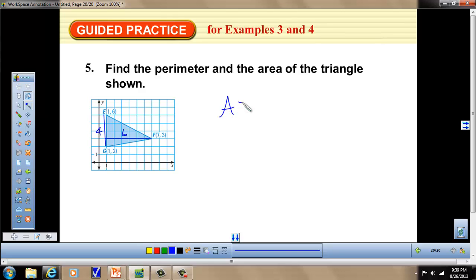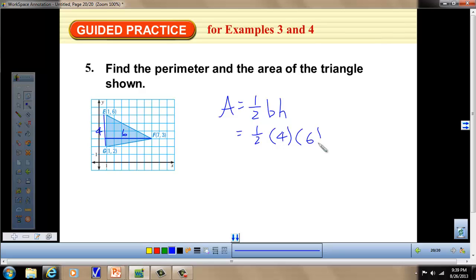So to find the area, this time it's half base times height for a triangle. So the base in this case is 4, the height is 6. What I find is easier is just to go ahead and multiply this out. First, 1/2 of 4, those cancel and give me 2. My answer ends up being 12, and remember it's square units this time.